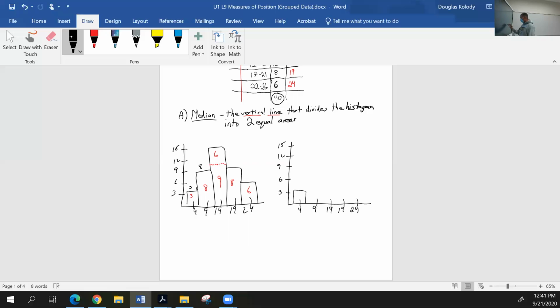We've got 3, 8, 15, 8, and 6. I think we can all agree that the median is going to fall somewhere within this third class. That's what the median will be. However, I'm going to draw a vertical dotted line this time.